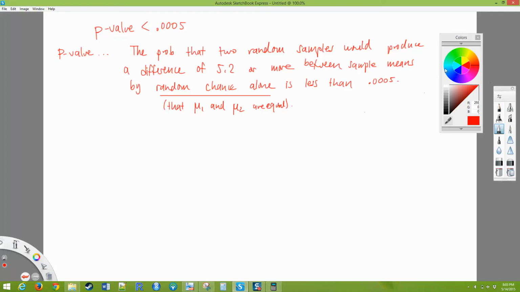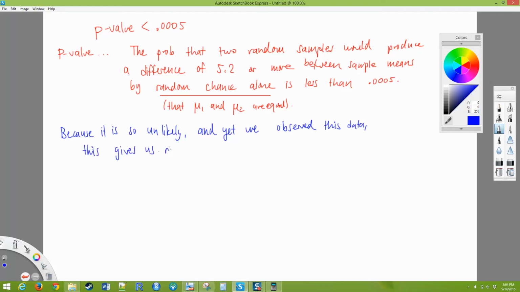Okay? So because this is so unlikely, and yet we observed this data, this gives us reason to believe that our initial assumption, our null hypothesis mu1 is equal to mu2, that this and this are equal to each other, is wrong.